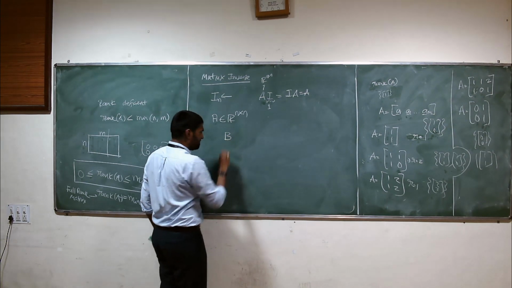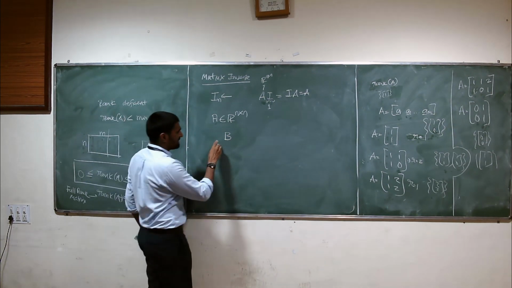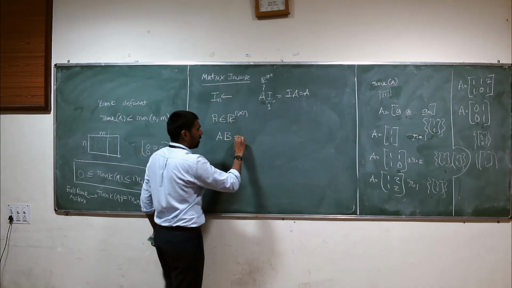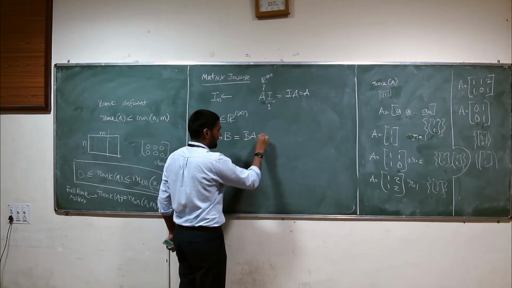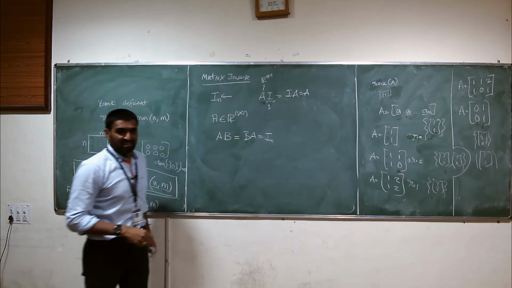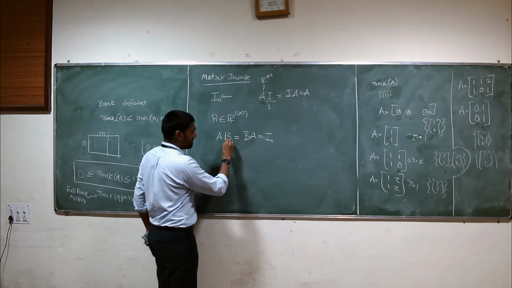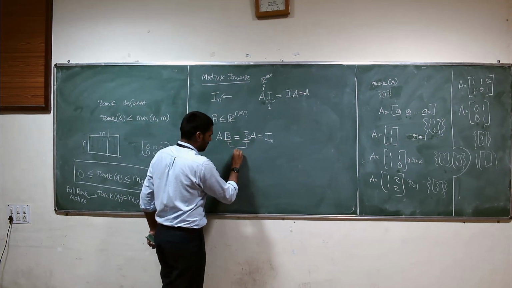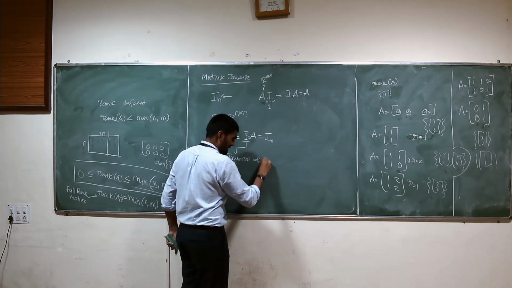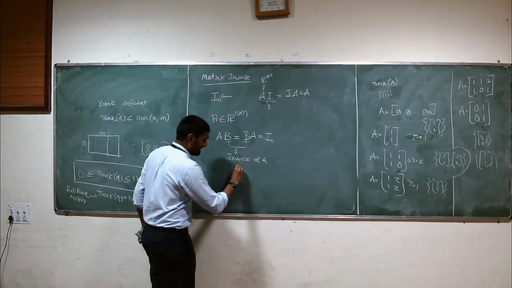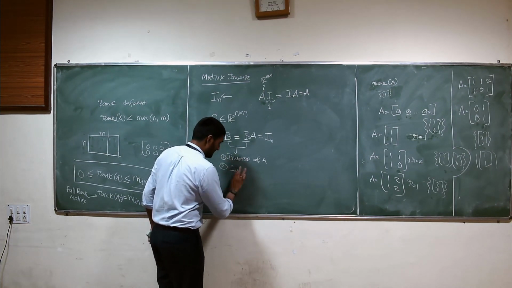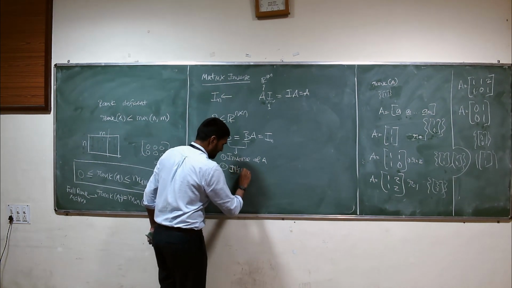If you have a matrix B such that if you post multiply A by B, or pre multiply A by B, you get the identity matrix, then this matrix B is called the inverse of A, and it's unique.